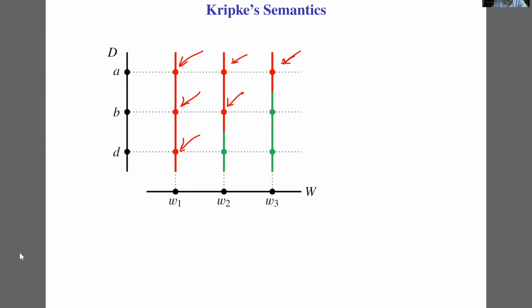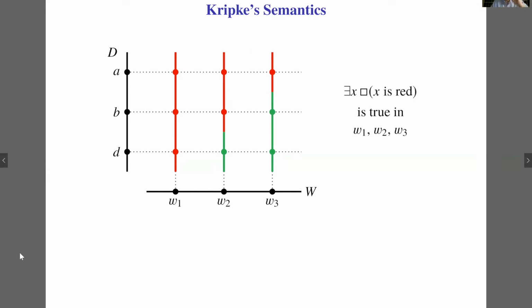Then you give the usual semantics for such a sentence by asking, okay, we're going to test whether this sentence is true or not. So there is something that is necessarily red.